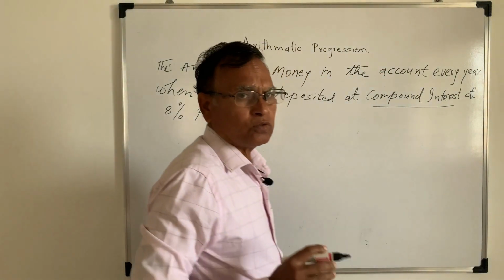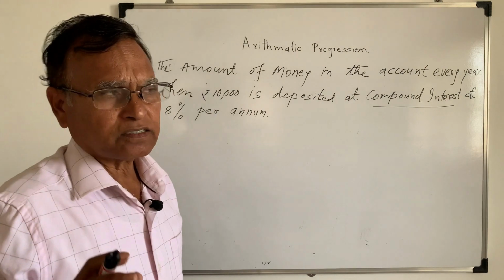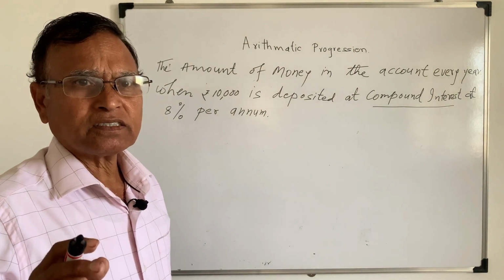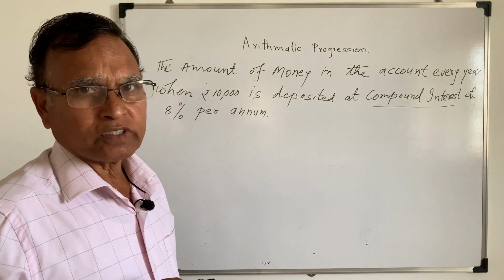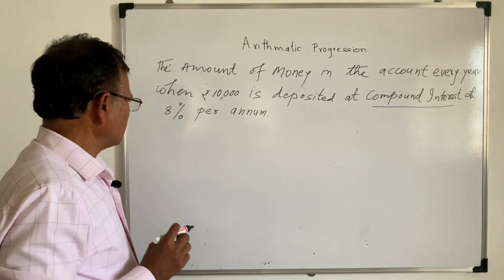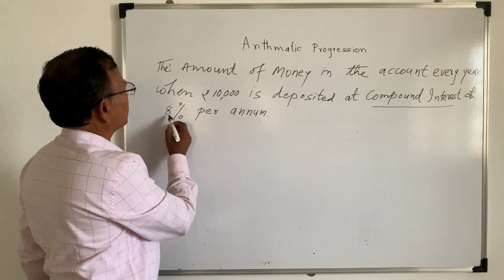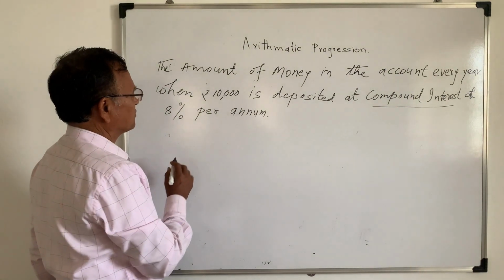There are two types of interest in the bank: simple interest and compound interest. So, 8% per annum.